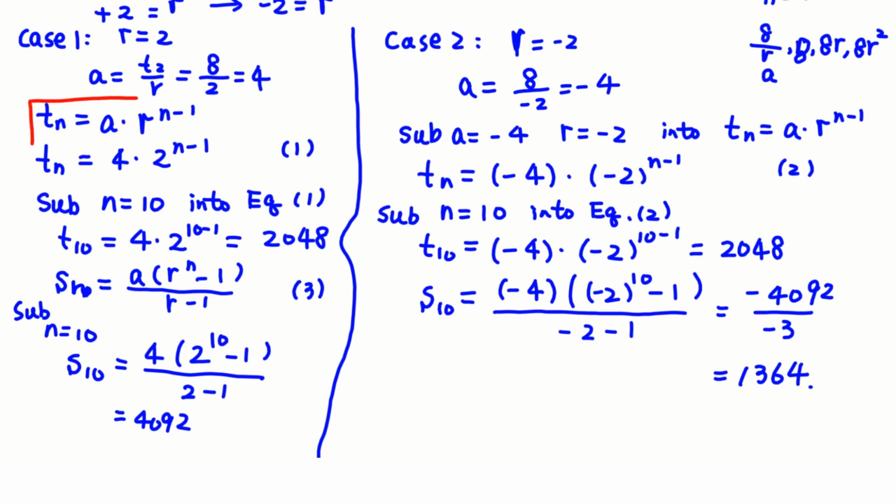So in this video, we have covered the two geometric sequence formulas. One is for the general term, T sub n equals a times r to the exponent n minus 1. And another formula is the sum of n terms: S sub n equals a times r to the exponent n minus 1, then divided by r minus 1.